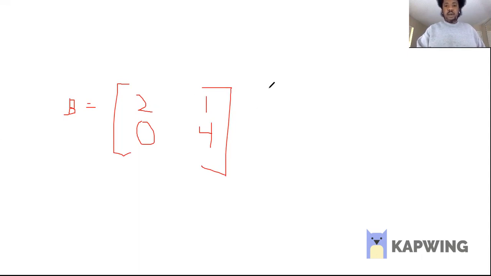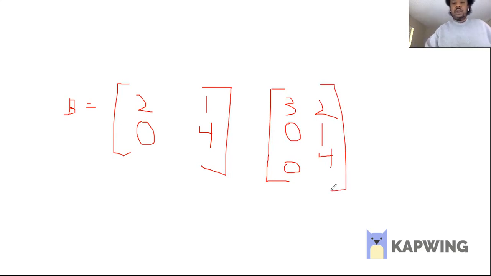We could also have a matrix that was a 3 by 2. So this is an example of a 3 by 3 matrix.